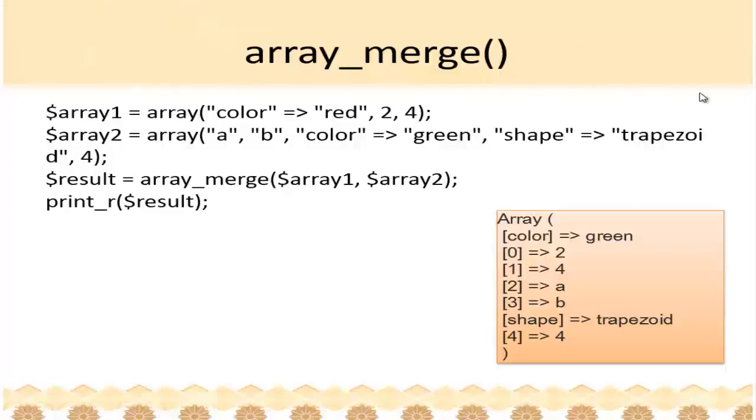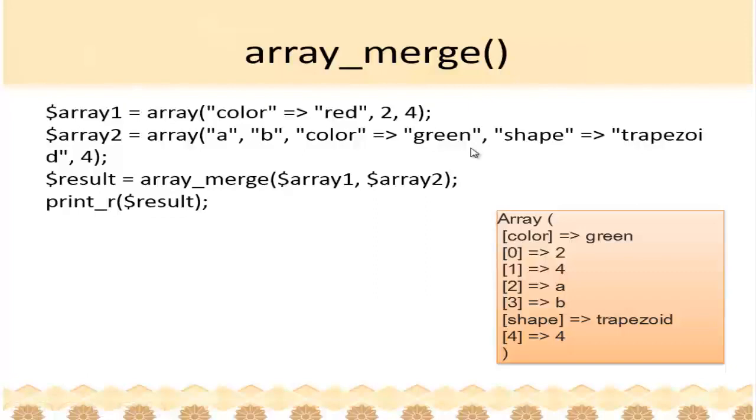You notice that both of them have the same key color, and the first array has the value red and the second array has the value green. So when you merge the first array with the second one, this key which is common across both of them will be overridden. So this red value will be overridden by the second array.